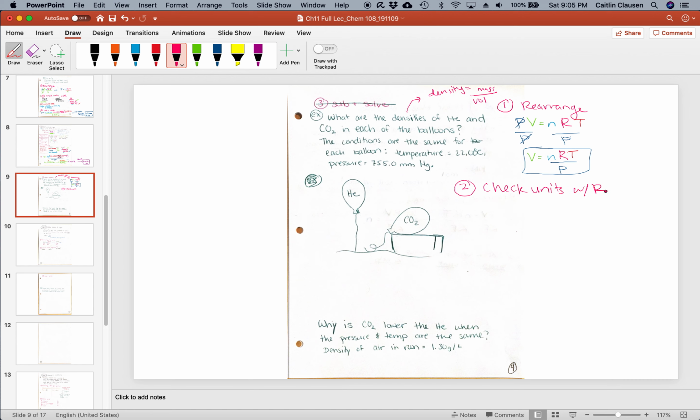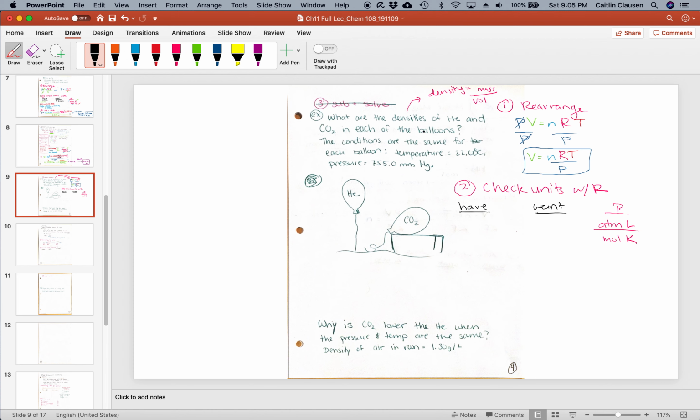We're checking units with R. We need to write down what we have, what we want, and we actually need to write down R. Units of R are atmosphere, liters, per mole Kelvin.